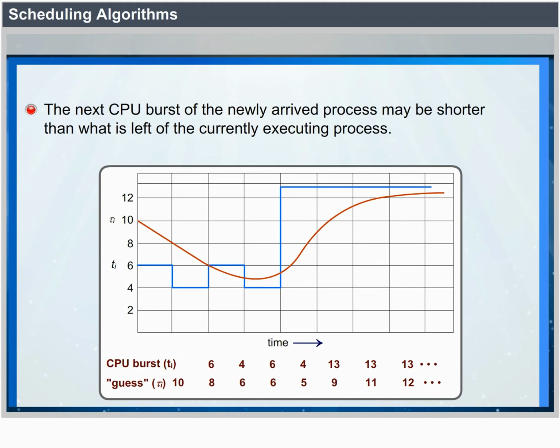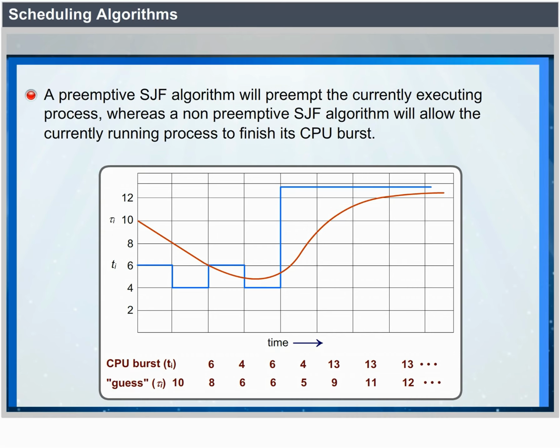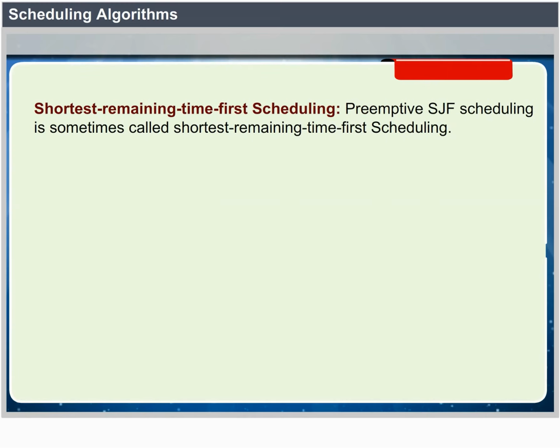The preemptive SJF algorithm will preempt the currently executing process, whereas a non-preemptive SJF algorithm will allow the currently running process to finish its CPU burst. Shortest remaining time first scheduling. Preemptive SJF scheduling is sometimes called shortest remaining time first scheduling.